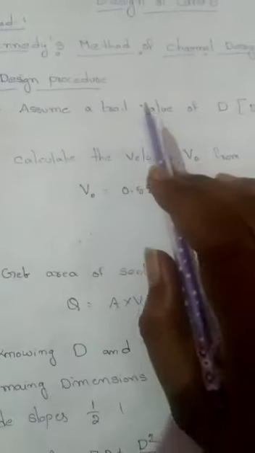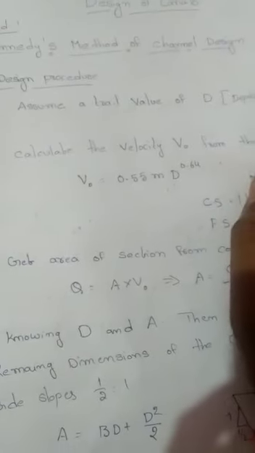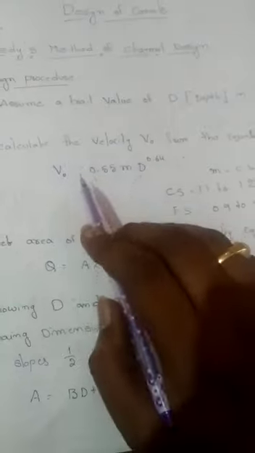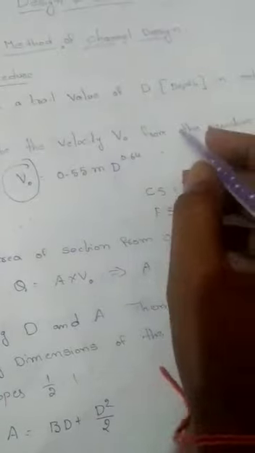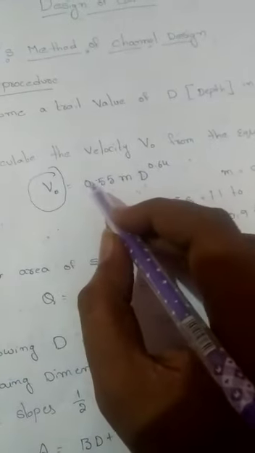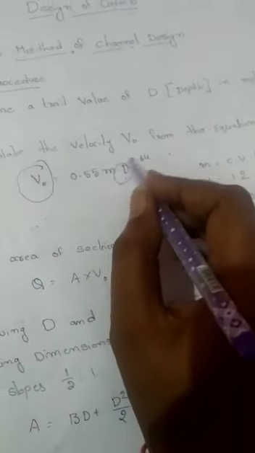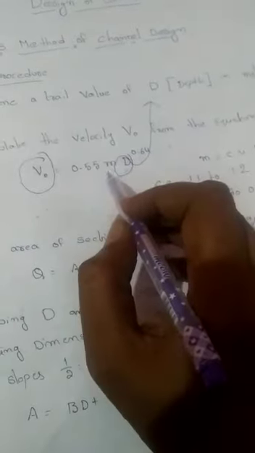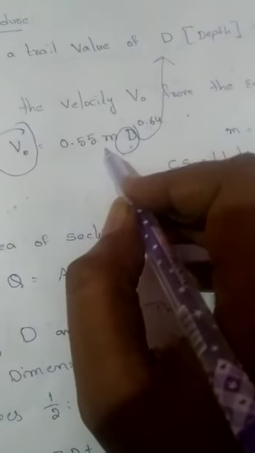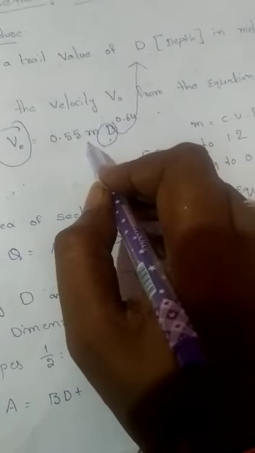Then, in the next step, we have to calculate the velocity V0 from the equation V0 = 0.55 m D to the power of 0.64. Here D is the depth which we have already assumed as a trial value, and the remaining unknown value is m, a coefficient which depends upon the silt factor.